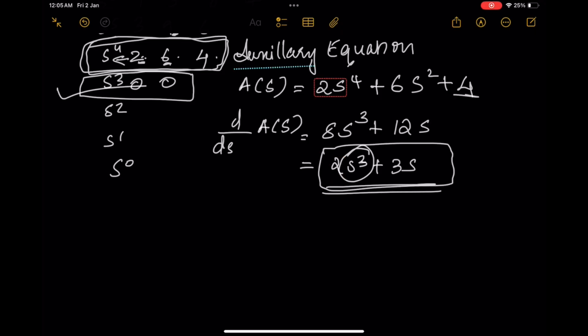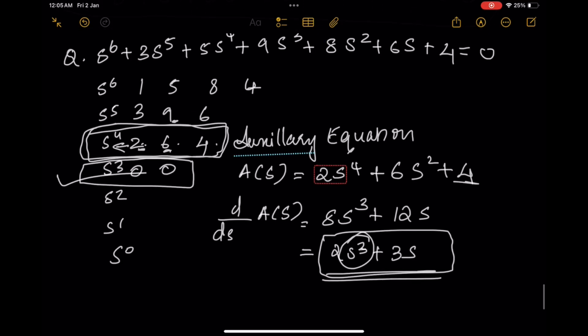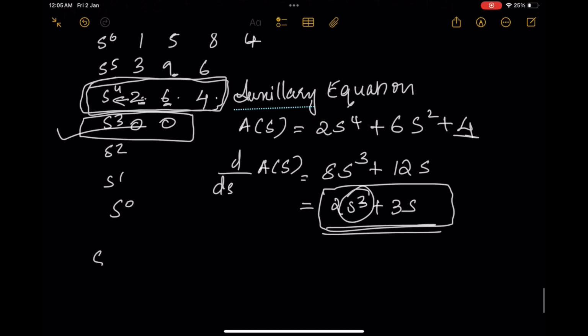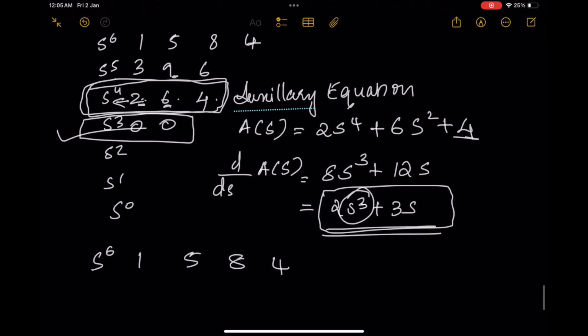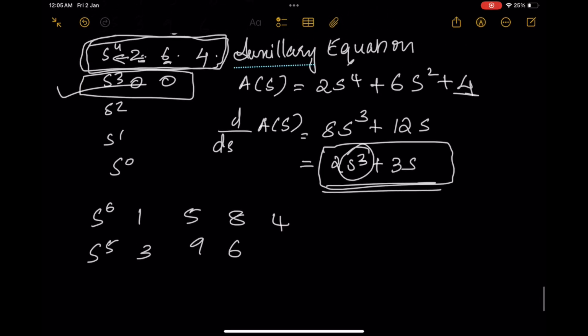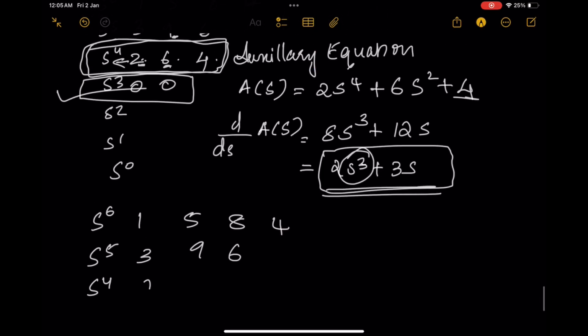I'm going to take the elements of that equation and put them in the row containing all zeros. That is, I'm rewriting the Routh array once again, starting with s raised to 6 and s raised to 5. This is 3, 9, 6. Then s raised to 4, which is 2, 6, 4.